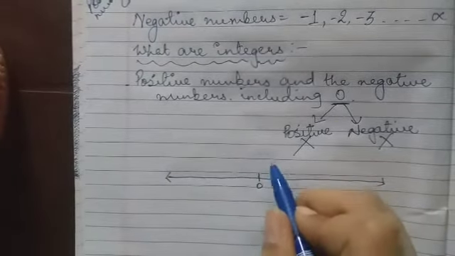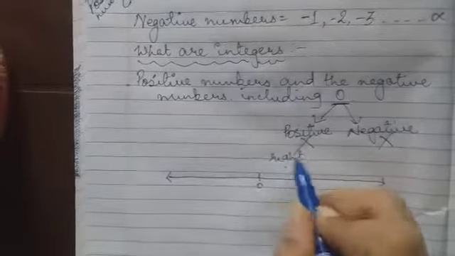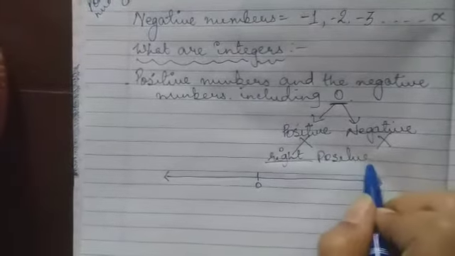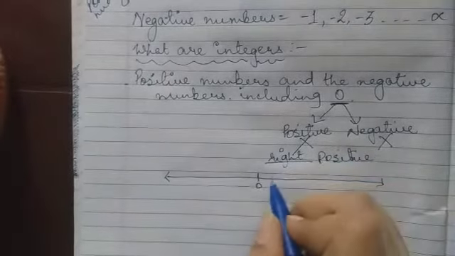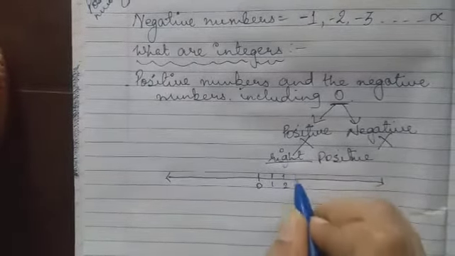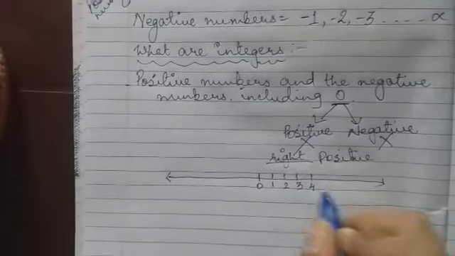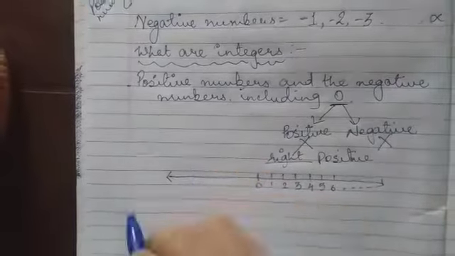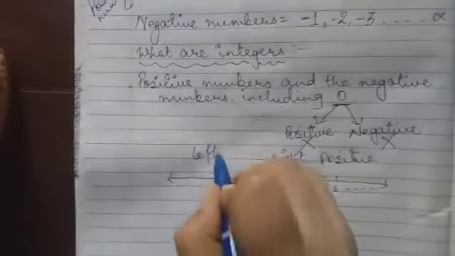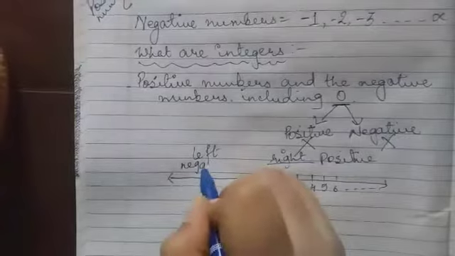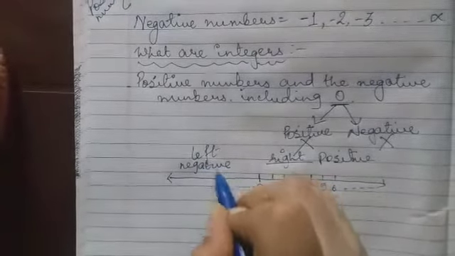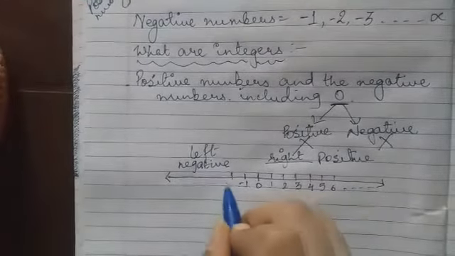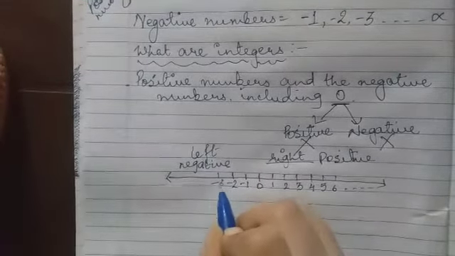Now on the right hand side come all the positive integers, that is 1, 2, 3, 4, 5, 6 and so on. On the left hand side come the negative integers, starting from -1, -2, -3.